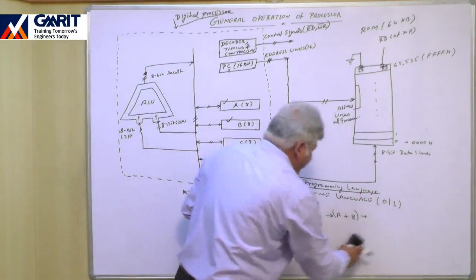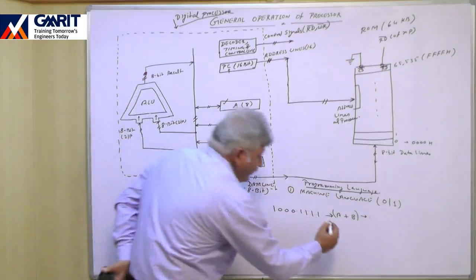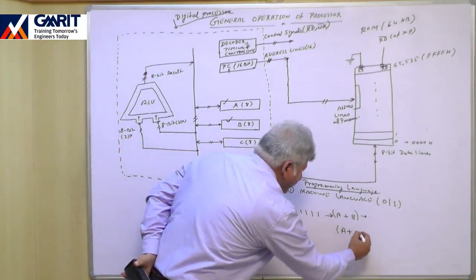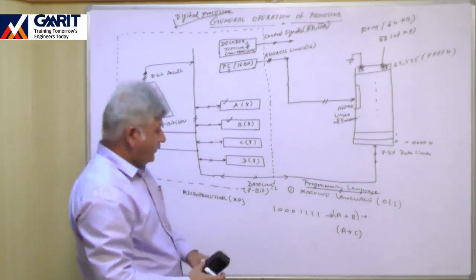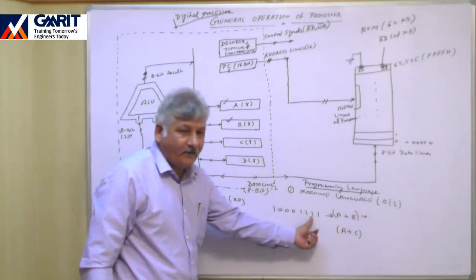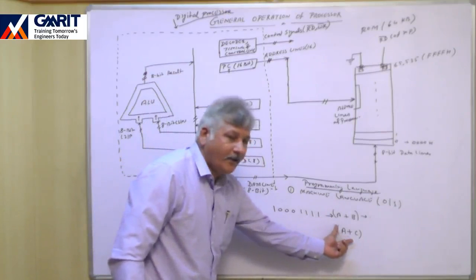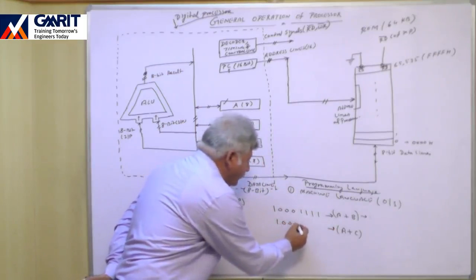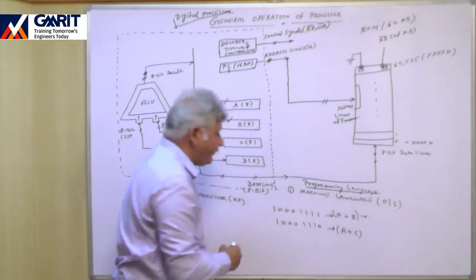And suppose if we want to add the content of register A with the content of register C, then there will be some different binary pattern which will perform addition over A and C. Let us assume for that 1 0 0 0 1 1 1 0.